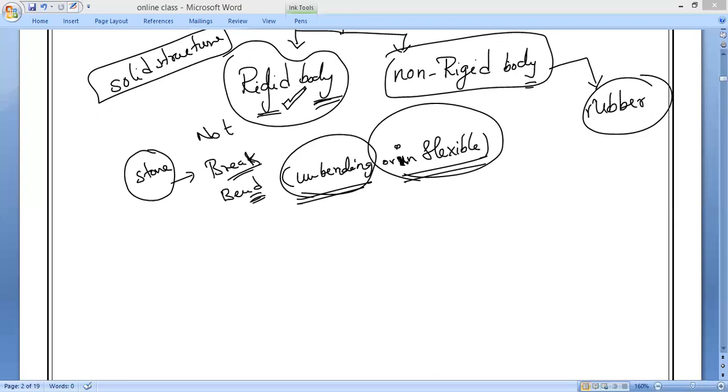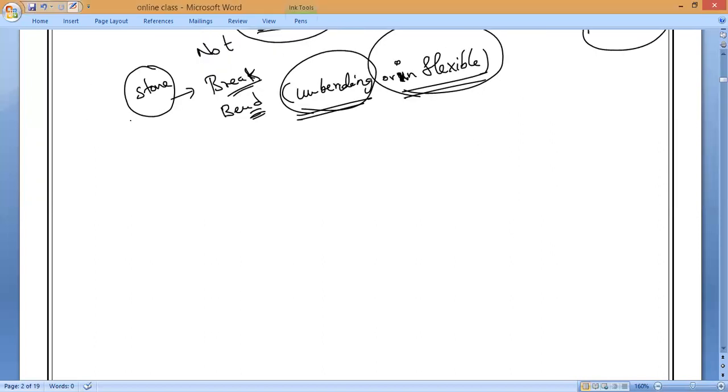So if you take any kind of solids, they have a tendency to maintain their shape when subjected to outside force. So even though Reddy is trying to apply force on the stone, is the shape of the stone changing, guys? No. So those objects, that is what we call rigid objects.